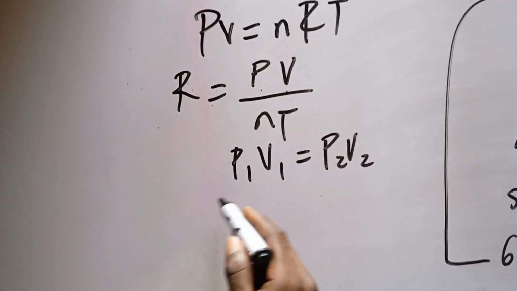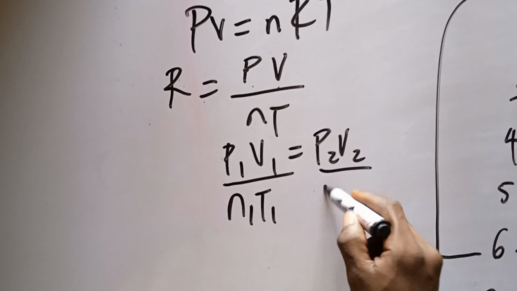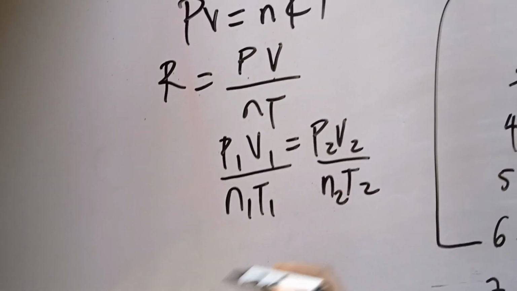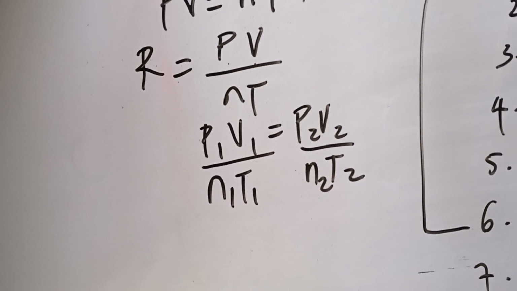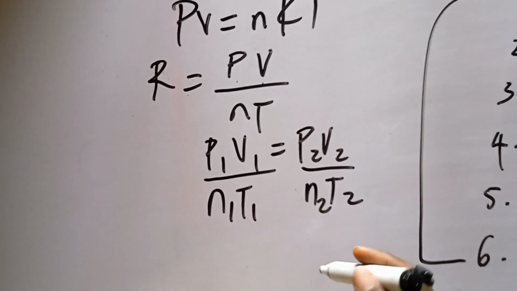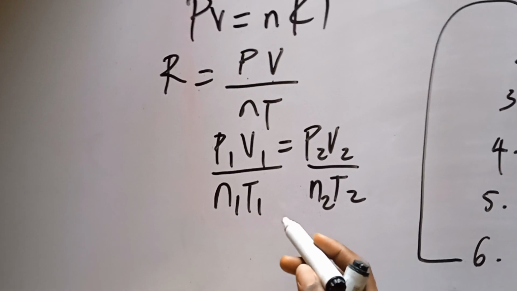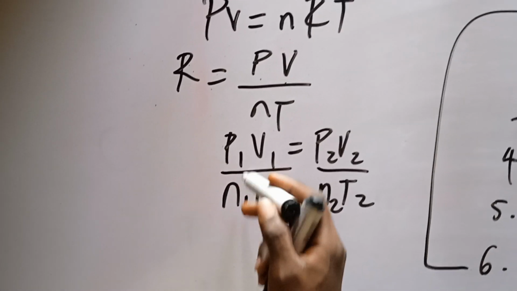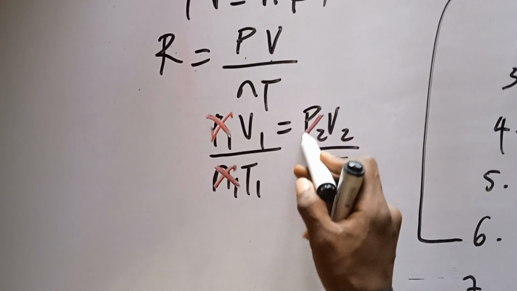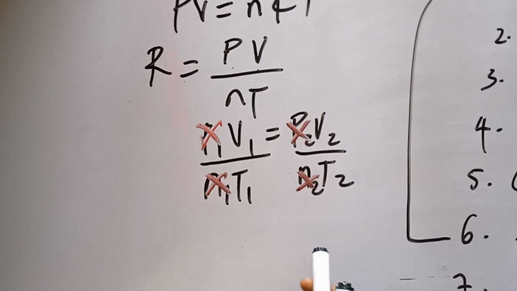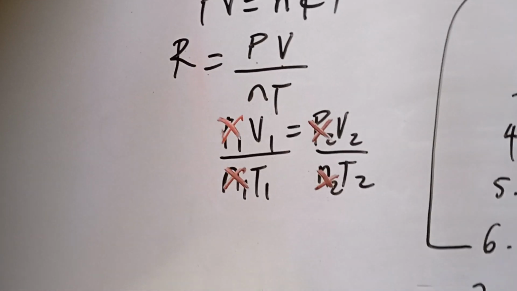Now for Charles' law, Charles' law simply states that at constant pressure, volume and temperature are directly proportional. So when we cancel this, we have Charles' law, because what is left is volume and temperature.